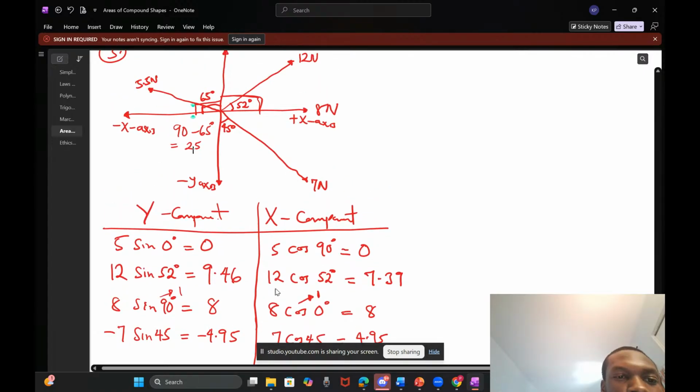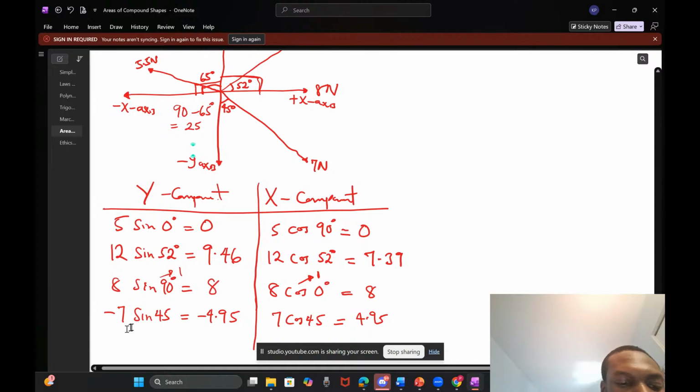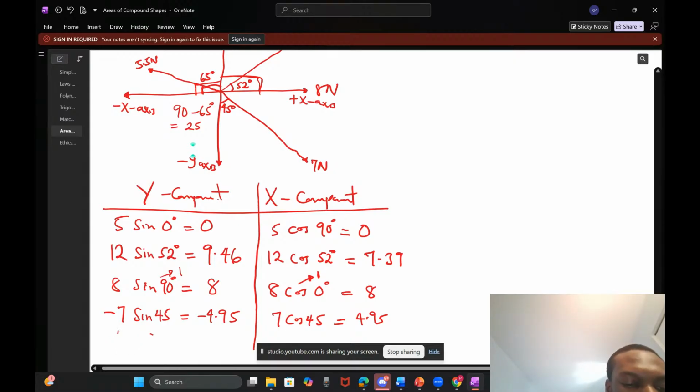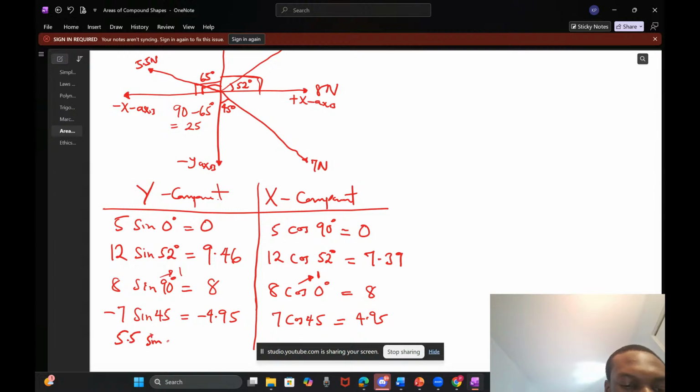So for the 5.5 Newton, that would be negative 5.5. No, that's for the x component. For the y component to be positive, that would be 5.5 sine 25. So 5.5 sine 25 will be equal to 2.32.